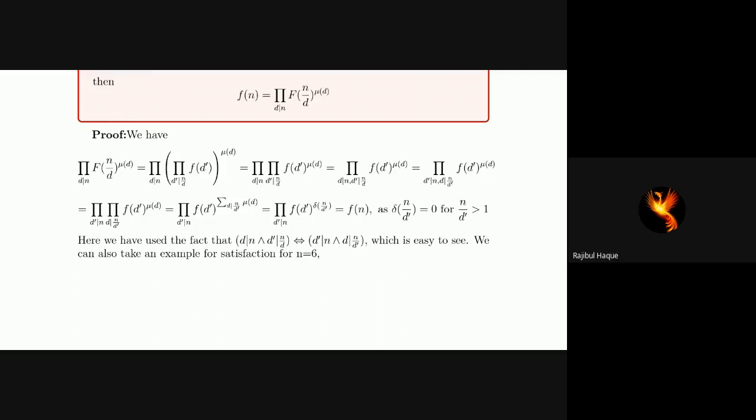So both d and d dash divide n. So we just replace d by d dash there, and we can do that because if d dash divides n, then both d and d dash divide n, as well as d divides n by d dash, and d dash also divides n by d.